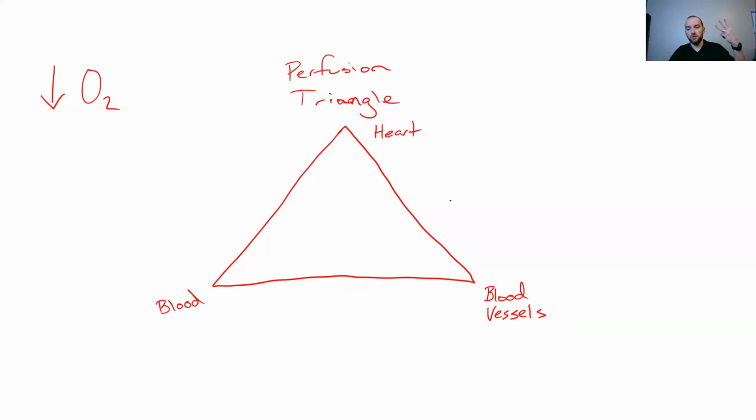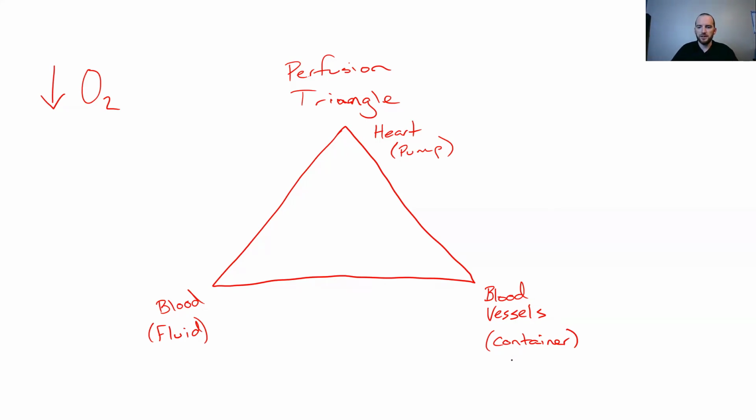So the perfusion triangle is the heart, the blood vessels, and the blood. Or in the book, it will say you need adequate pump function, you need adequate container function. The container is the blood vessels that are containing the blood as it's going around, and the appropriate amount of fluid in the system.